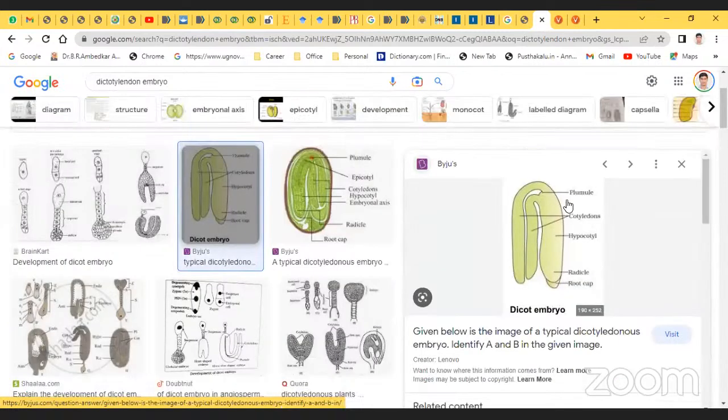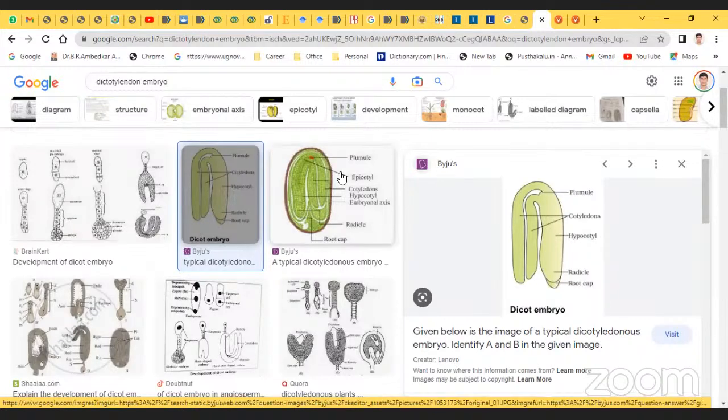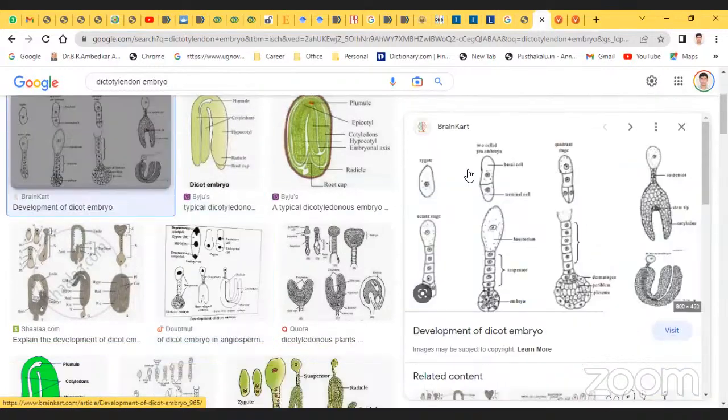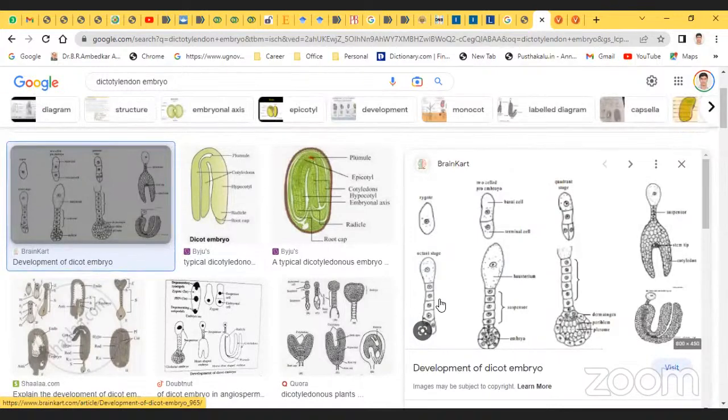This one is the dicotyledon embryo. What are the development stages of the dicotyledon embryo? We will discuss that later. Just see what the parts are. This is the zygote.